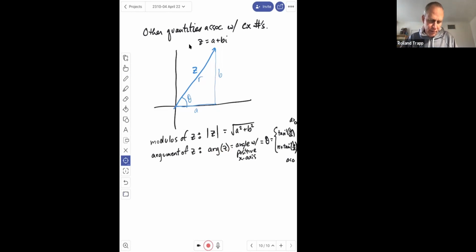Okay, so those are two other quantities geometrically associated with complex numbers that come from geometry.